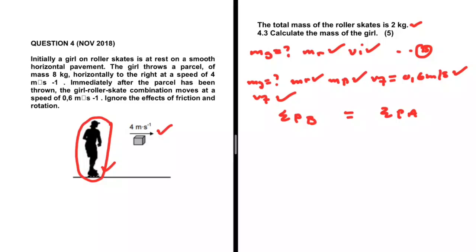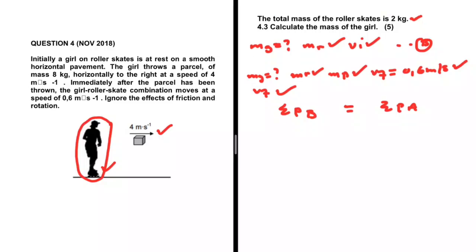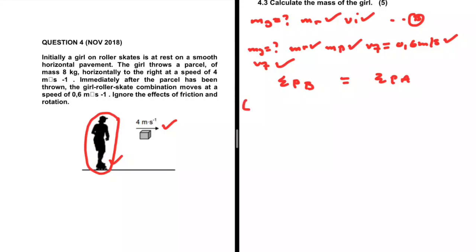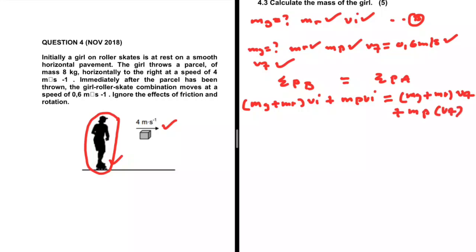So let's take the girl and the roller skates as one body, of which, if we do that, we're going to have mass of girl plus mass of roller skates multiplied by VI plus mass of parcel multiplied by VI, being equal to mass of girl plus mass of roller skates multiplied by VF plus mass of parcel multiplied by VF.